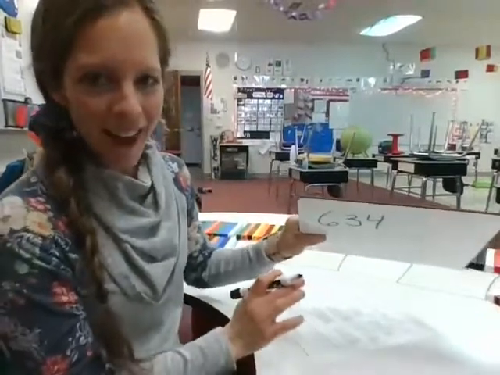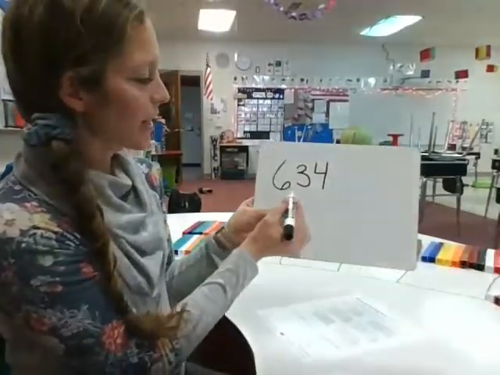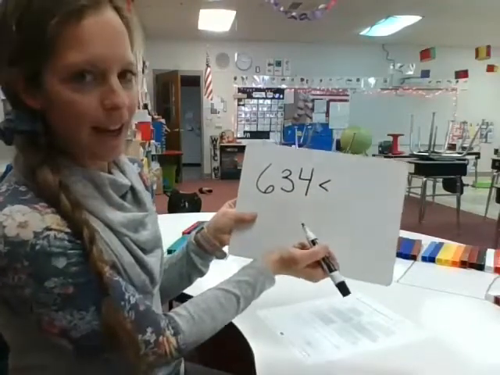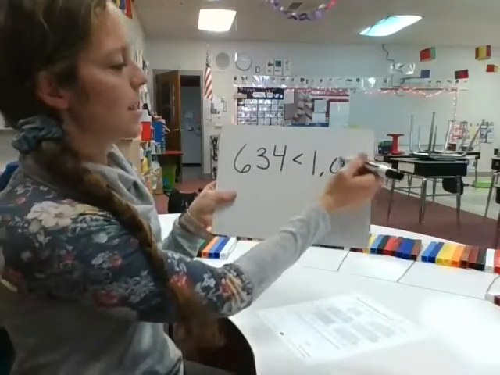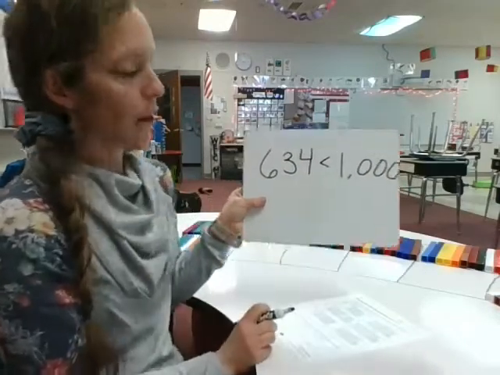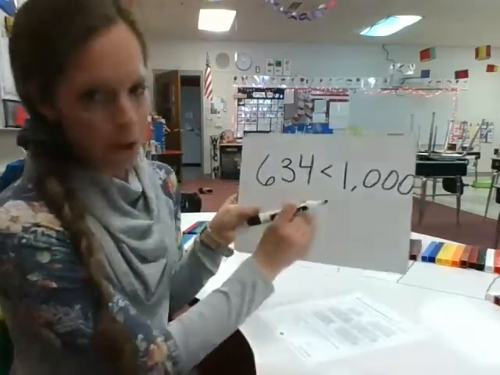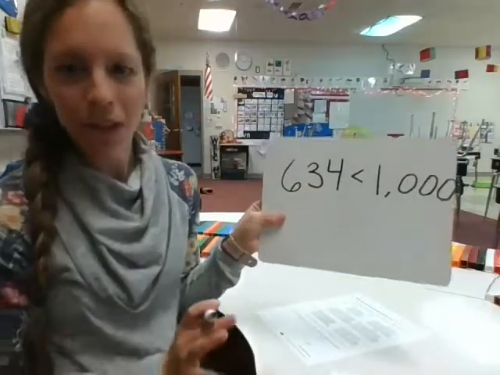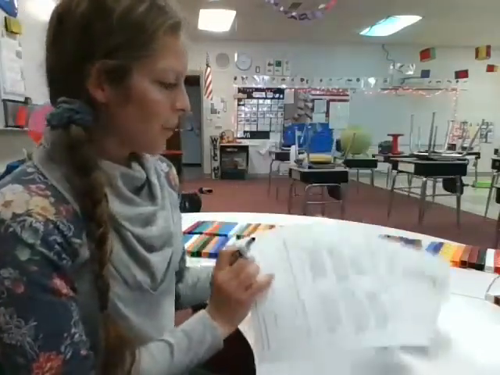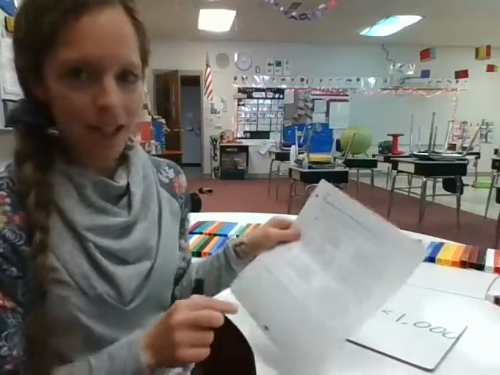So we would write that as 634 is less than 1,000. Now the numbers on the board definitely were greater than that, but I just ran out of time and Unifix cubes.